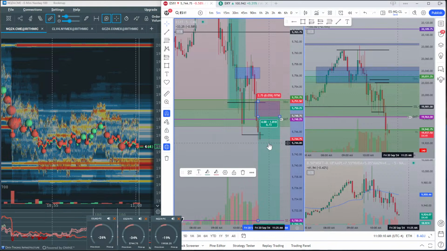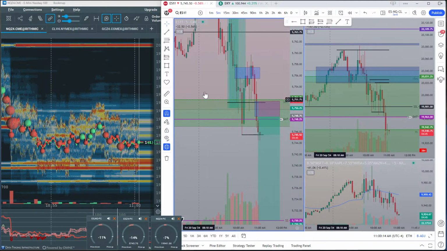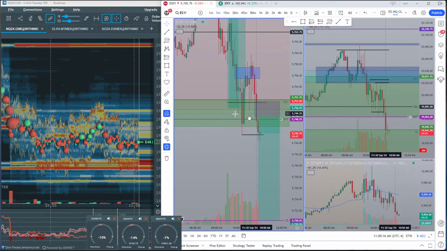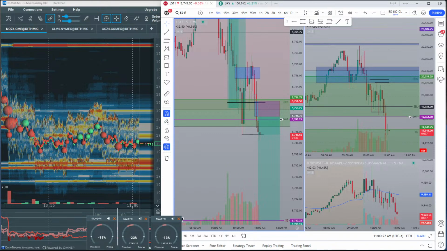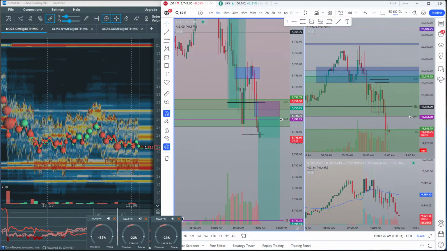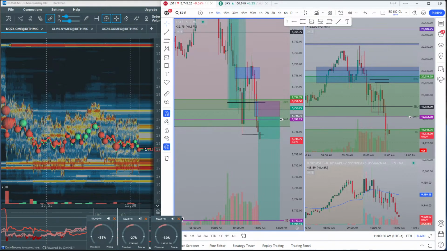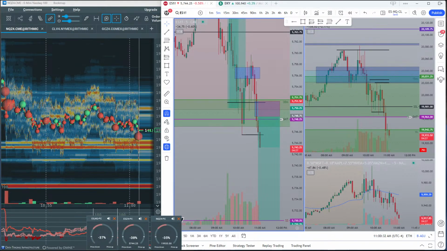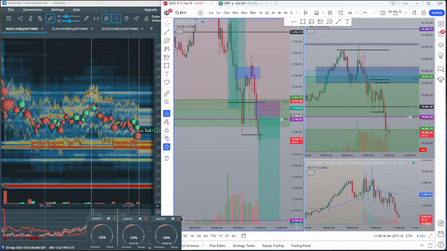But I'm probably going to look for a short. Last trade of the day, ES 57.4875. This fair value gap right there, if it wants to give us a pullback to that zone.